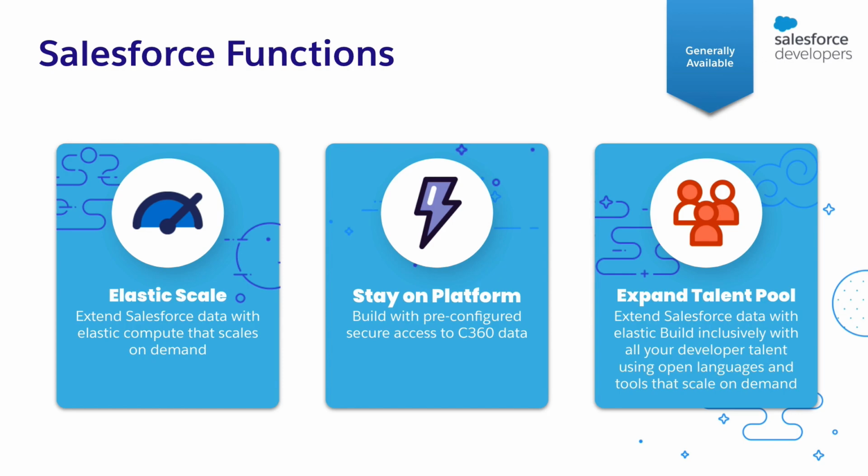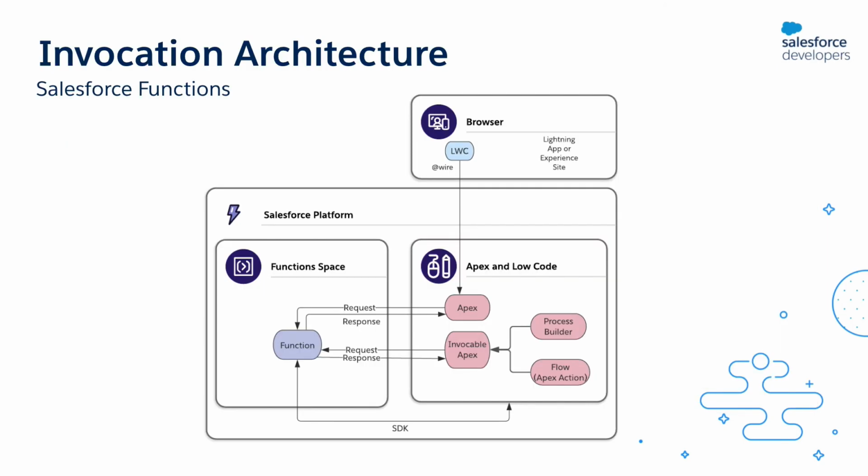With functions, that is not going to happen because the function runs in this new infrastructure that has been designed for that. This is going to be fully integrated with the rest of the features of the platform. I'm going to explain that in the following slide.